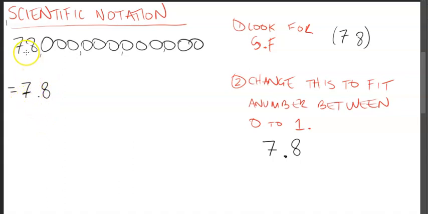To the right of this, we're going to count how many figures there are, regardless of whether they're 0 or non-zero. In this case, we've got 1, 2, 3, 4, 5, 6, 7, 8, 9, 10, 11, 12, 13. And we're going to keep that number aside right now.